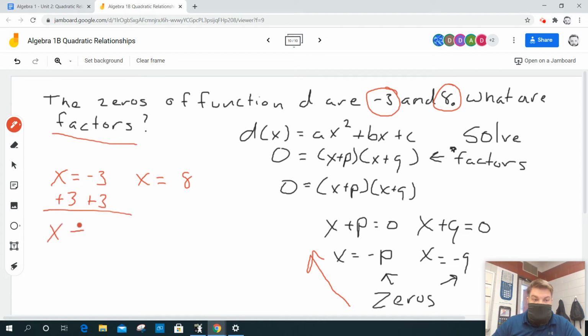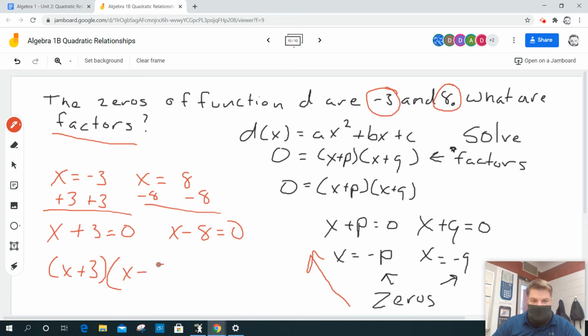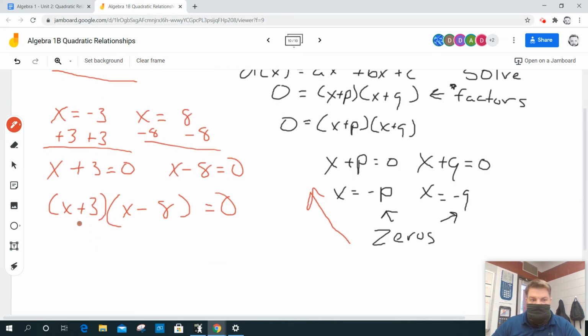Then I get x plus 3 equals 0. I'm going to subtract 8 from both sides on this one, and I get x minus 8 equals 0. In other words, x plus 3 times x minus 8 equals 0. What are the factors of this thing? x plus 3 and x minus 8.